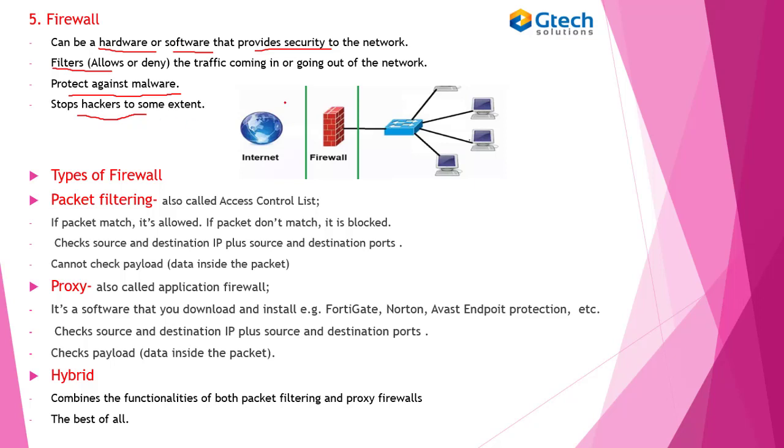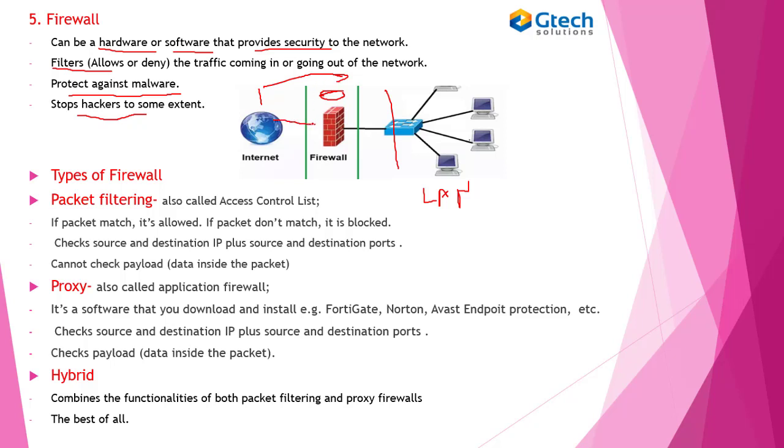Okay, so this is a case study, this is a scenario. This is a firewall. So this is the internet and this is our network. Let's say this one is our LAN environment, and this is the internet.